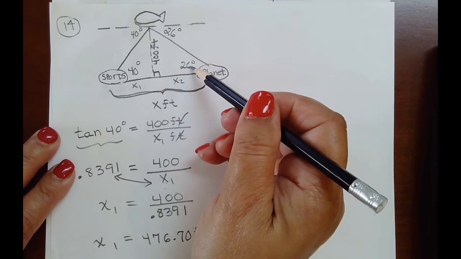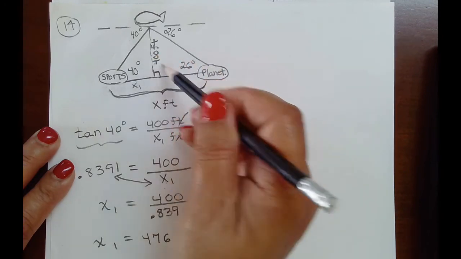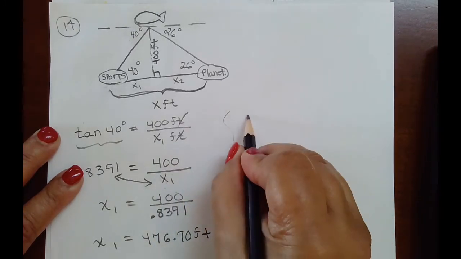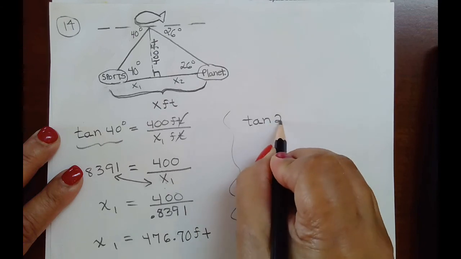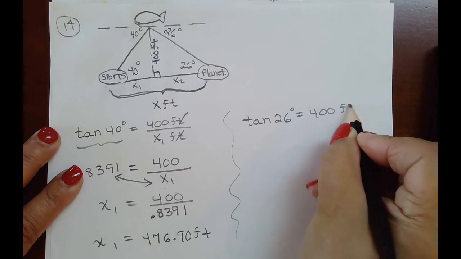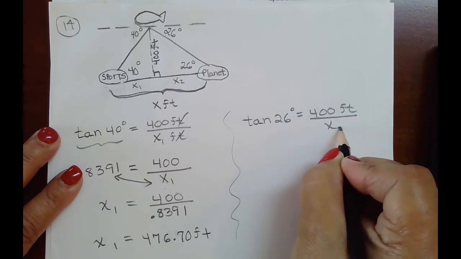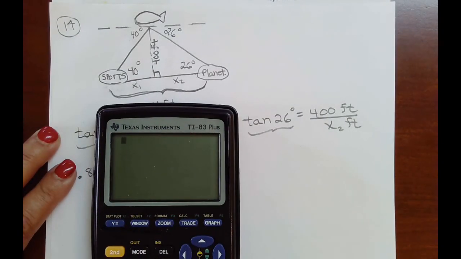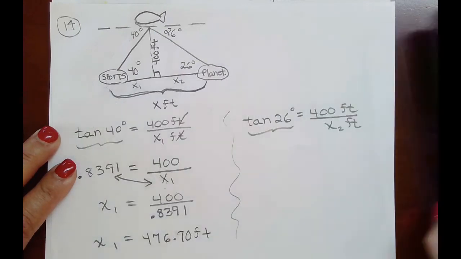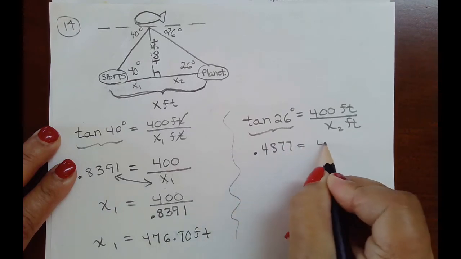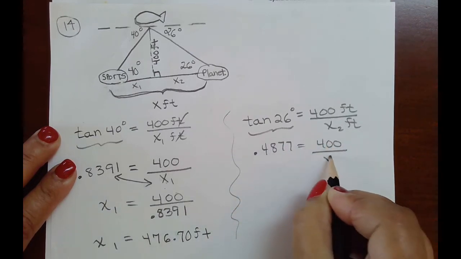Likewise, I'll stand here on the 26-degree angle and do opposite over adjacent again. So tan of 26 is equal to opposite over adjacent. We're going to get the tan of 26, 0.4877. So 0.4877 is equal to 400 over x sub 2.